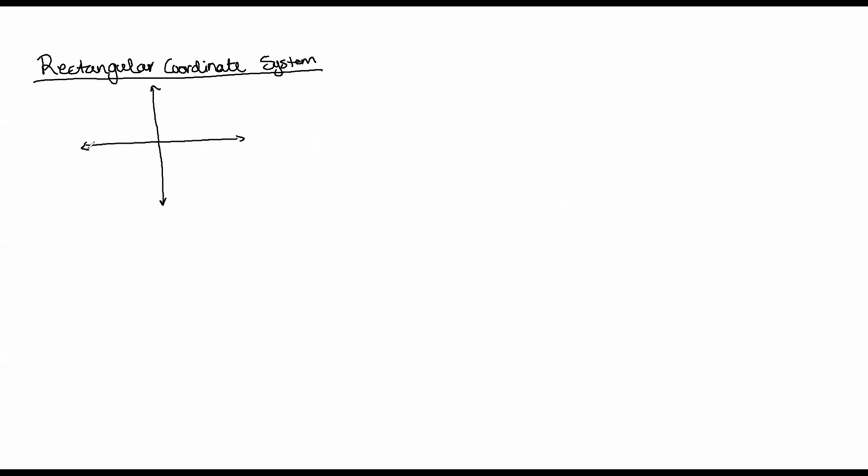So the horizontal axis is the x-axis. The vertical axis is the y-axis. Couple of important points. This point where they both meet is the origin. It's the point 0, 0.